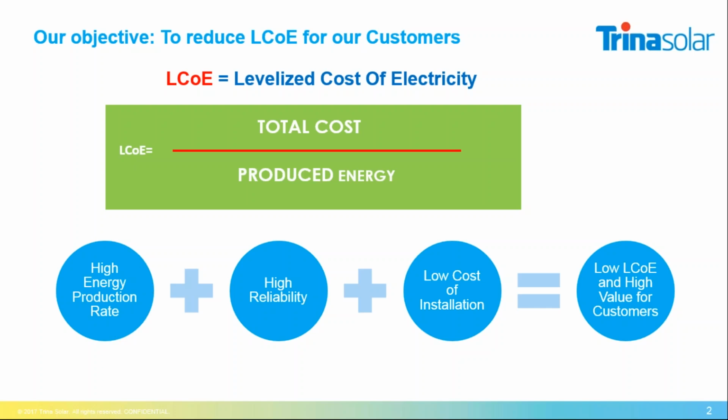With products that survive the complete project lifetime, you don't need to exchange or repair, you don't have as much downtime, and downtime means lower energy production, and replacement means high maintenance costs and cost of installation. If you sum up these points, you end up at a low LCOE and a high value for our customers, and that's our main objective.